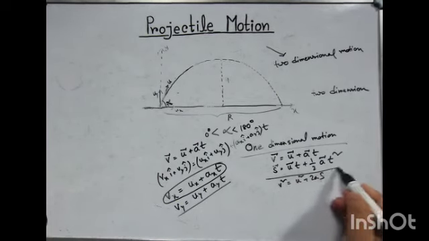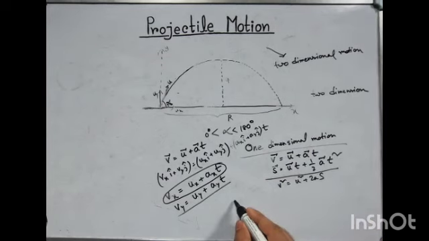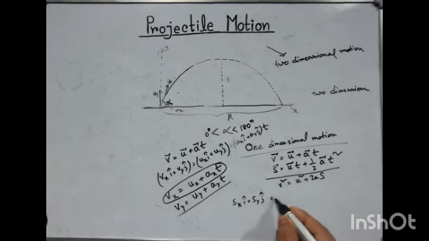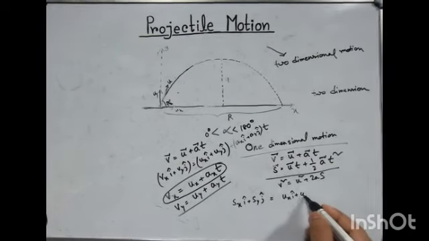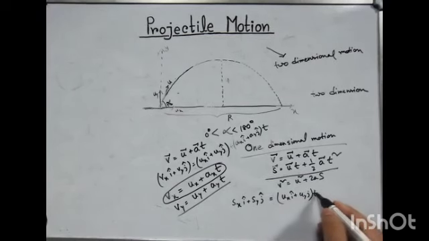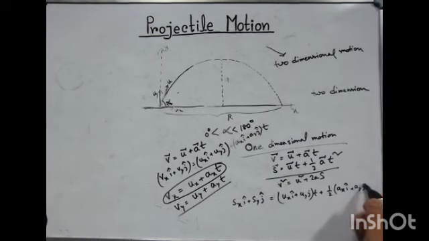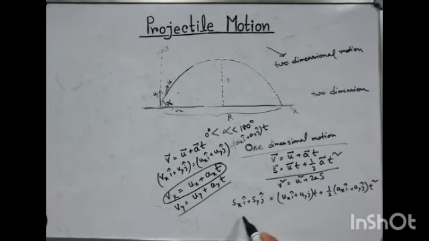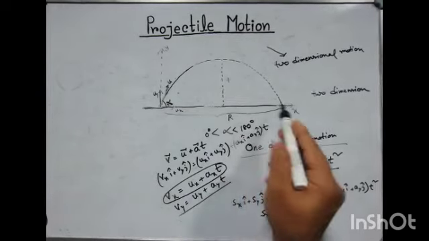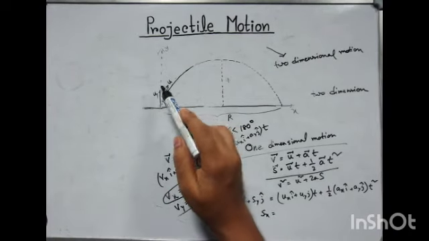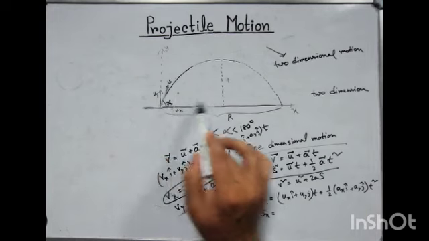Similarly, from the equation for s vector, we will get sx i cap plus sy j cap equal to ux i cap plus uy j cap into t plus half ax i cap plus ay j cap into t square. So from that I can say i cap and j cap are independent, because this vector and this vector are perpendicular to each other, so this vector has no component along this axis.